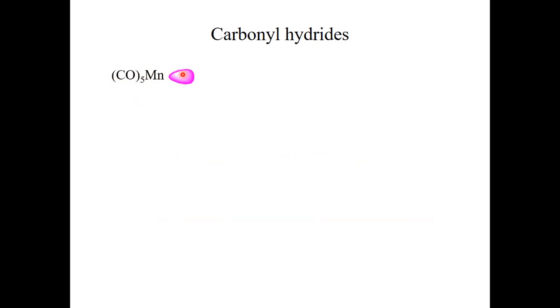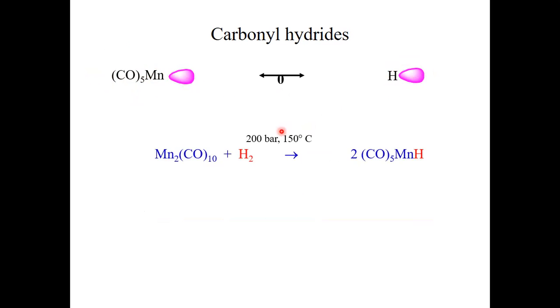Therefore, it has one frontier orbital with one electron in it. So this fragment is also isolobal to a hydrido fragment, and these can also be combined to form a stable carbonyl hydride in a similar reaction. Again, you can start out from the simple dimer carbonyl reacted with hydrogen at high pressure and higher temperature. And then you get this carbonyl hydride.